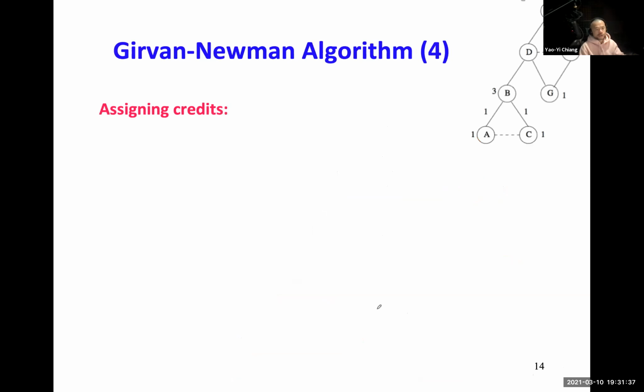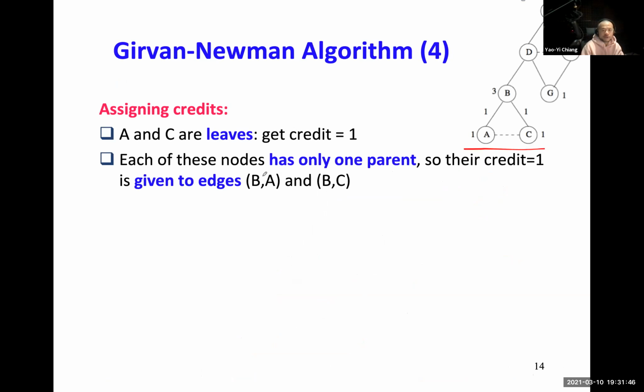The slides show you how to do it here. You start by crediting your leaf nodes, say A and C, you give a credit of 1. Each of the nodes has one parent, so the credit goes directly to the edges BA and BC, 1 each.